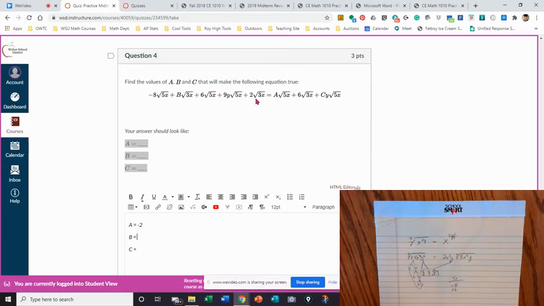Where is the B? Oh, 3x here. These combined to make negative 2. Okay, I've got B there, and then it's going to combine with that one, 2.